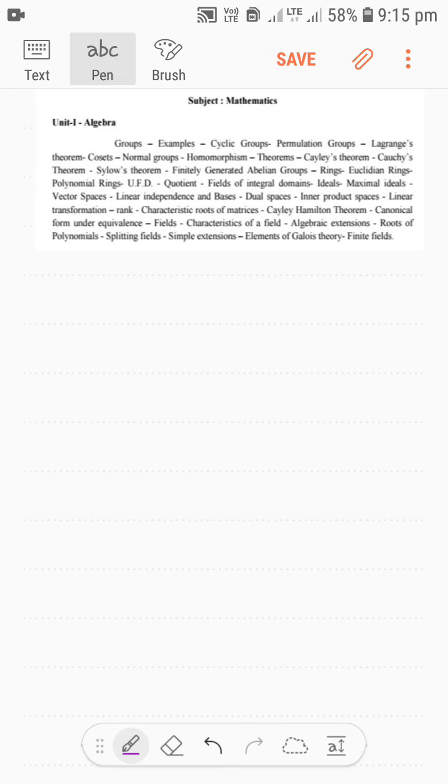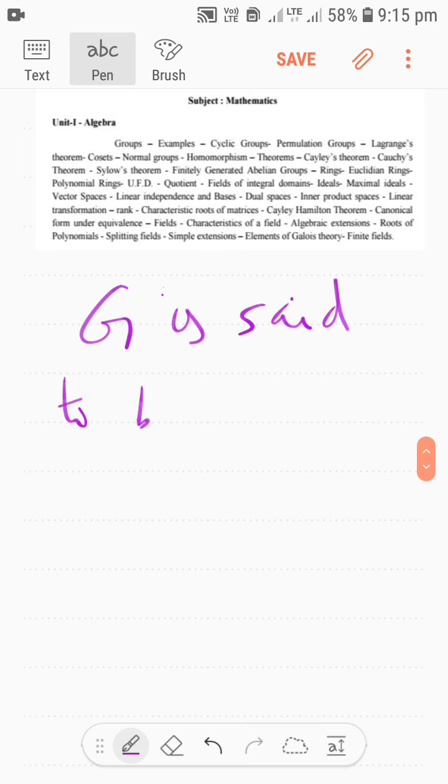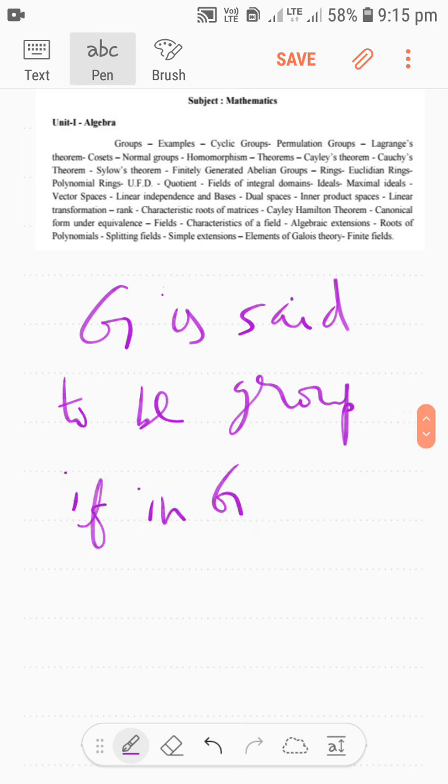First of all we should know about group. A non-empty set G is said to be a group if in G there exists a binary operation, called dot.